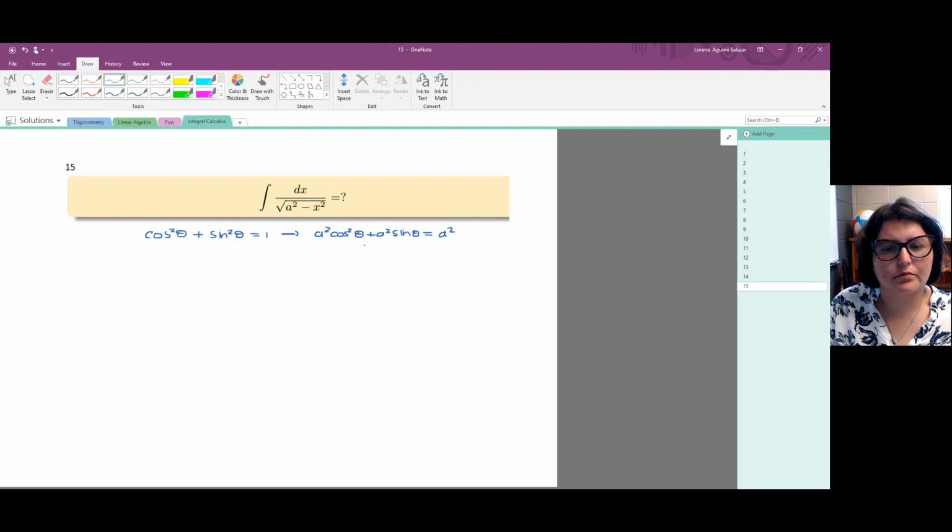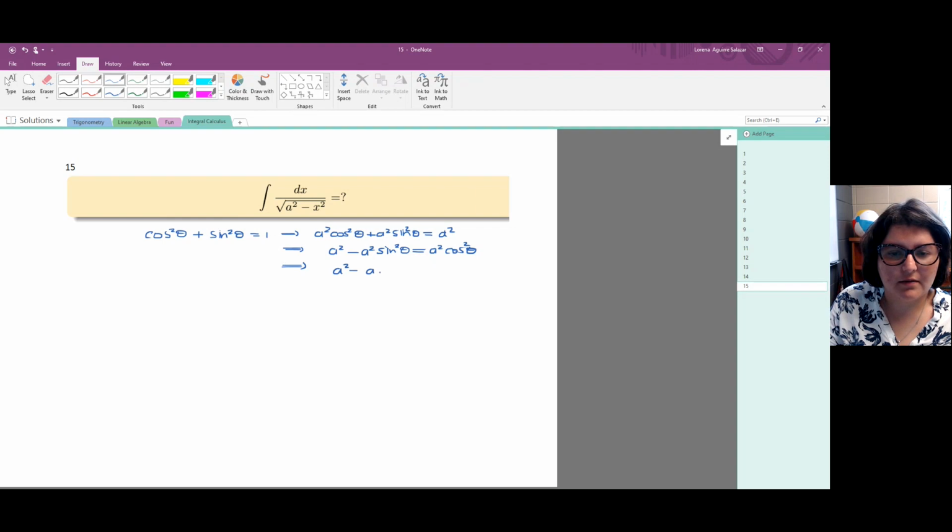And then if we take away a squared times sine squared of theta, we get a squared cosine squared of theta. So the square root of a squared minus a squared times sine squared of theta is a cosine of theta.